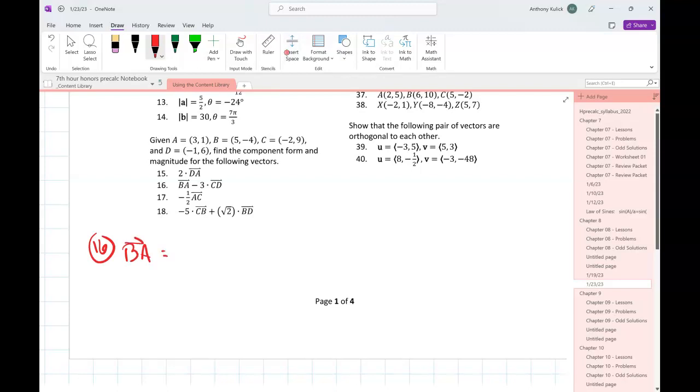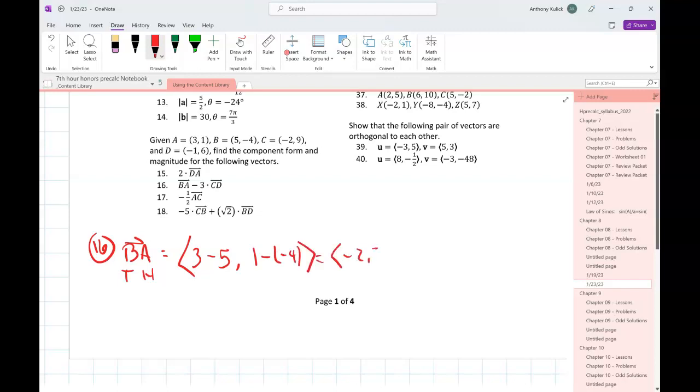So again, we're doing head minus tail. The head is going to be the part that's under the arrow, and the tail is the part that's at the end of the arrow. So head minus tail is going to be 3 minus 5. And then tail is going to be 1 minus a negative 4.